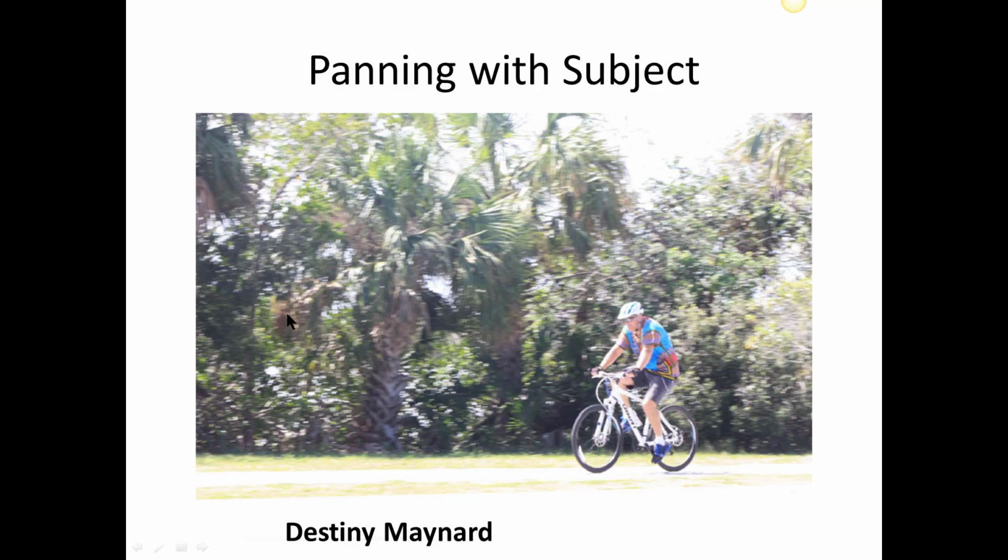The last one I asked you to do was simply to have a subject move past you and to take a photograph where you swing the camera in the direction that the subject is going. Destiny submitted this one, and it's pretty good, but it would have been better if the subject was actually up here, if you're 90 degrees from the subject.